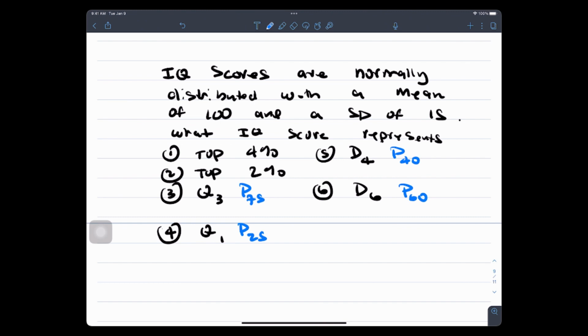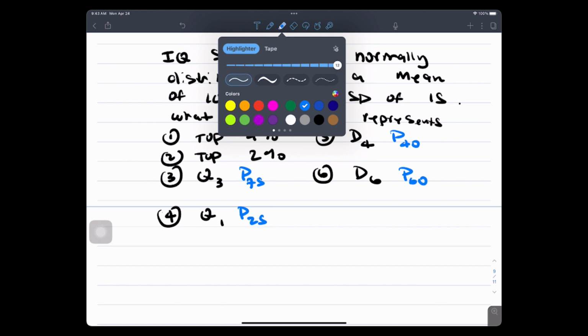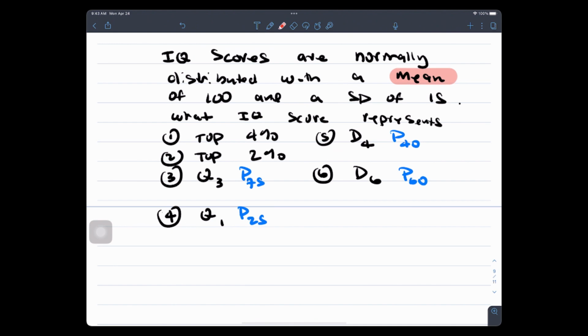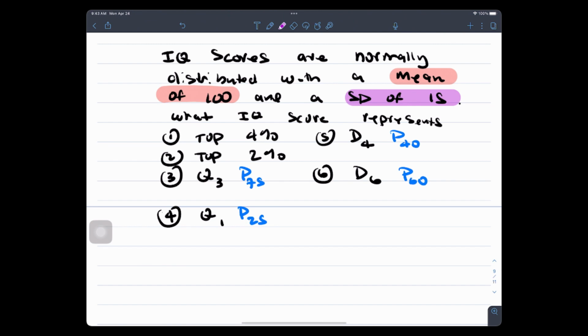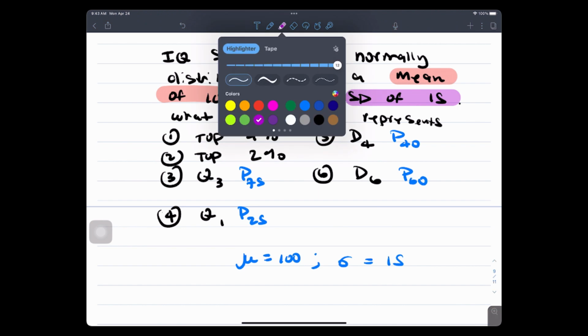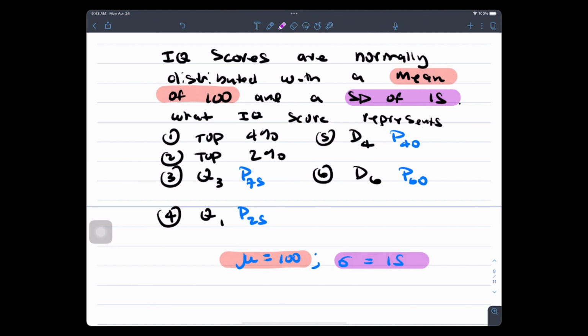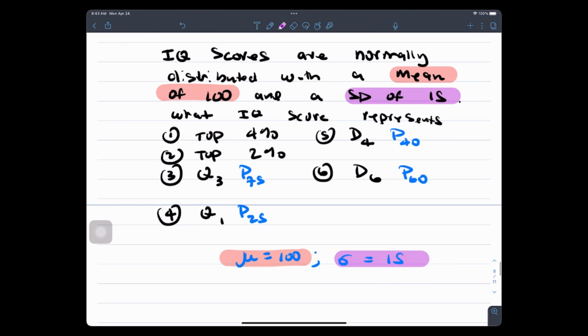All right, ladies and gentlemen, let's take a look. We need the mean. What's our mean? 100. What's the standard deviation? 15. Mu is 100, sigma is 15.